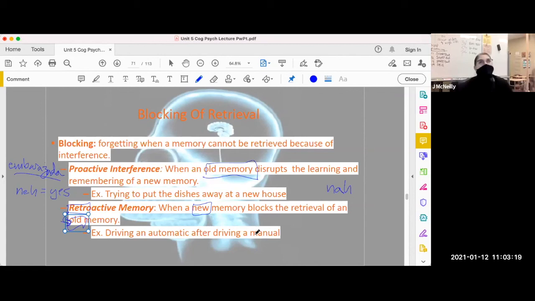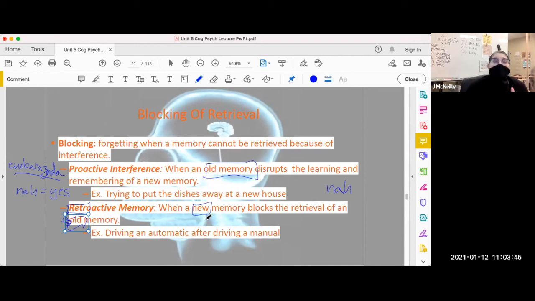Let's say your screen cracked on your new iPhone. What's the newest one? 12. And so you had to go into your drawer and rummage out your old iPhone 7. Well, you've already gotten used to the iPhone 12. So you may forget how to get rid of apps on the iPhone 7. That's an example of retroactive interference. You have a new memory, your new phone, blocking memory of how to use the old phone.